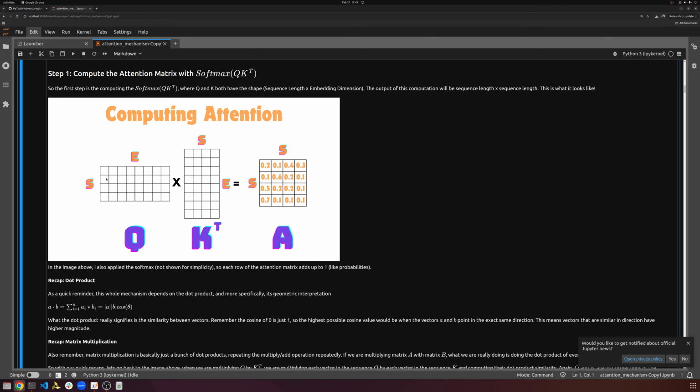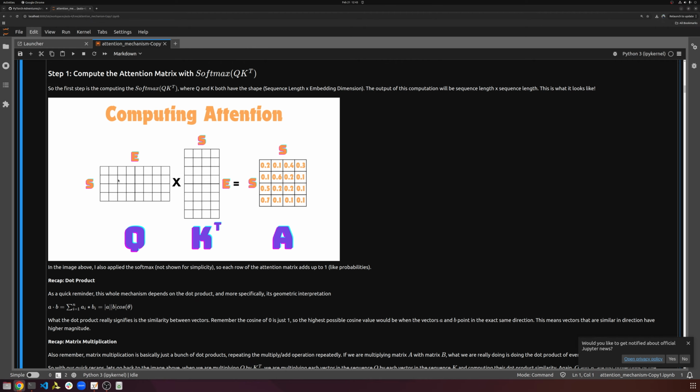Okay, so in this matrix here, let's see what we're doing. This element right here, 0.2 in the top left, would be the dot product between this first vector for the sequence, the first word, so word 1, and the key vector for also word 1.